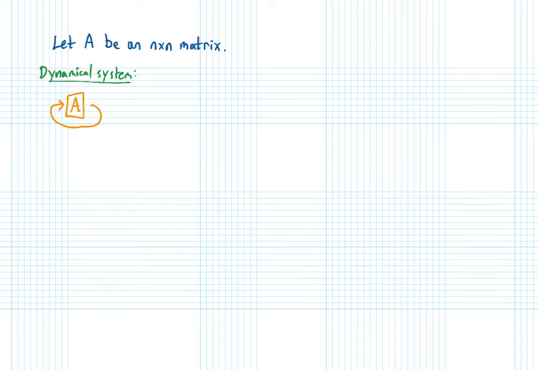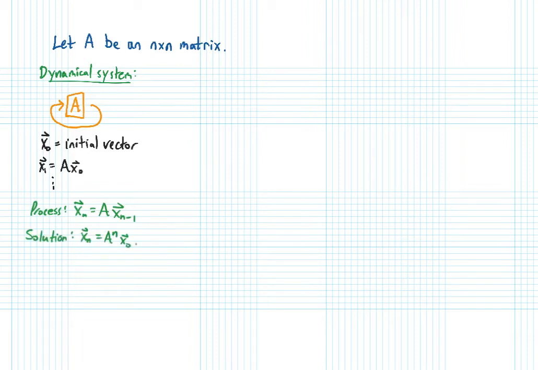And in this case, the inputs and the outputs would be n-dimensional vectors. And so the idea is that we would set x naught to be the initial vector, x1 to be A times x naught, and so on. And so in general, the process is that xn is A times xn minus 1, and then the solution is that xn is A to the n times x naught.